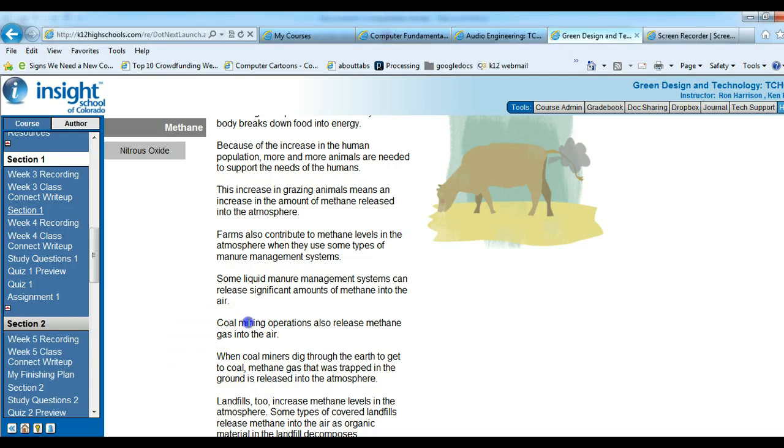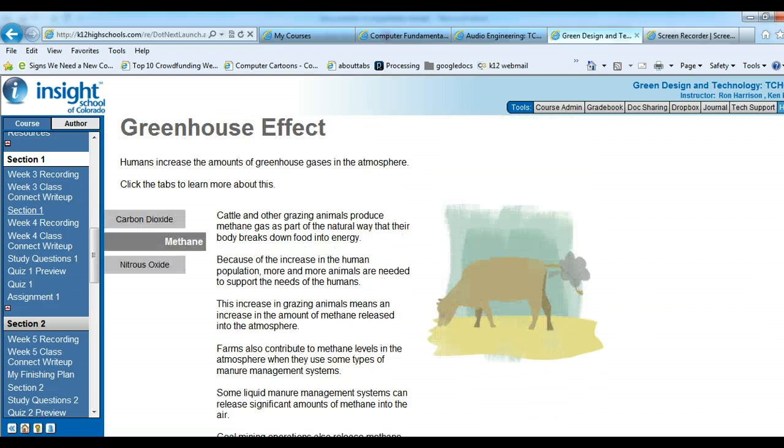Coal mining releases methane gas. So there are many things that do that. Landfills release methane gas. So if we could control these, and many companies are doing that. A lot of landfills have a system where they can capture those greenhouse gases, that methane, and then they use it for fuel because it's gas, it can burn.